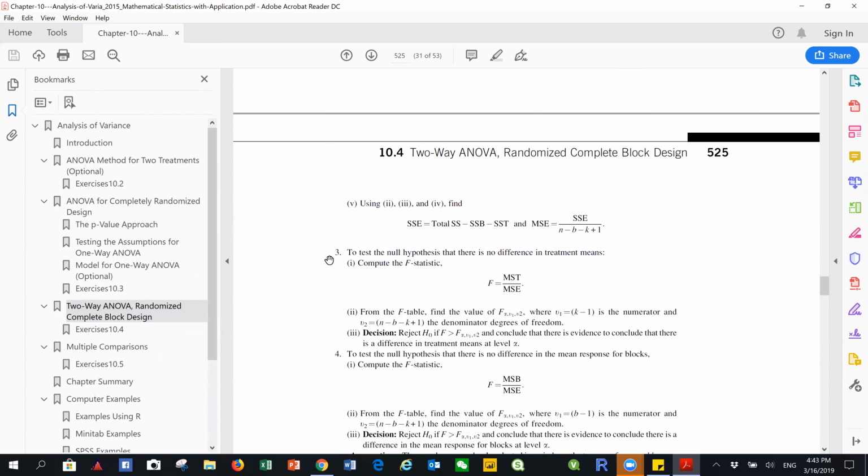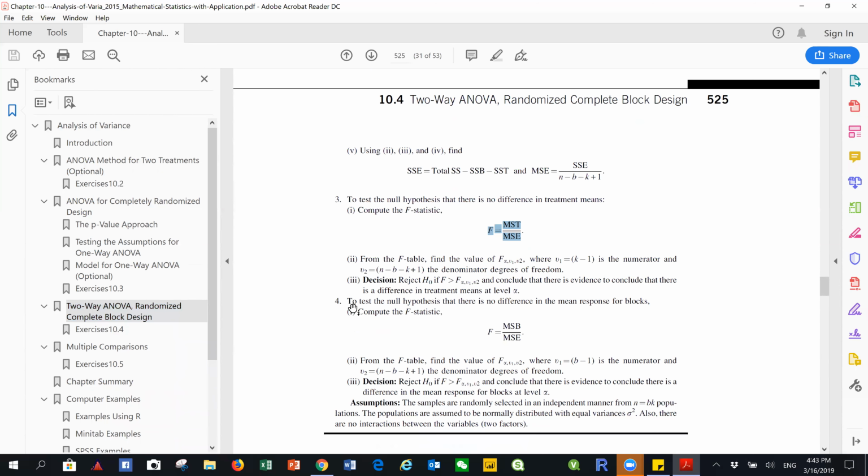If you want to test the null hypothesis that there is no difference in treatment means, you use MST, the mean sum of squares for treatment, divided by MSE.